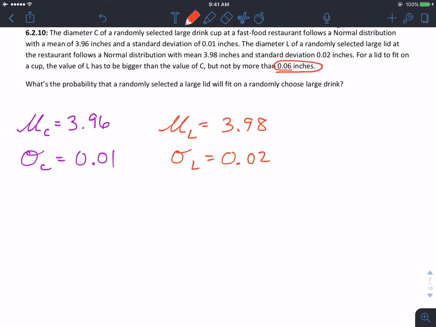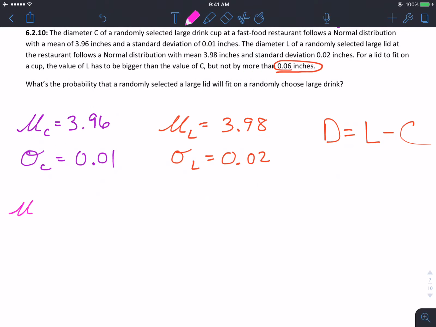So what we need to do is we actually have to go ahead and combine these, and we're going to do lid minus the cup because the lid's larger and it has to fit over the cup.